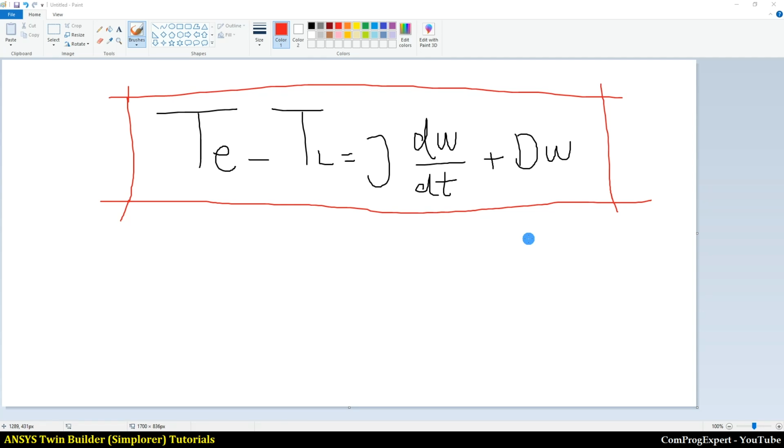In this video, I am going to solve this mechanical equation using the ANSYS Simplorer software.